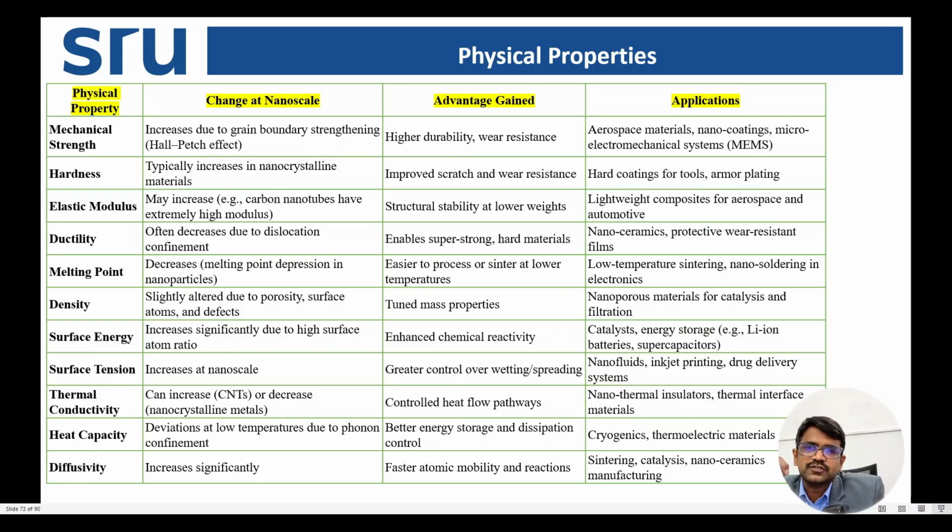These vehicles have to work in hot summer and also in very cold winter, in harsh, tough weather conditions. So it should have durability, and because of this higher durability these materials can be used in aerospace materials and also nano coatings.